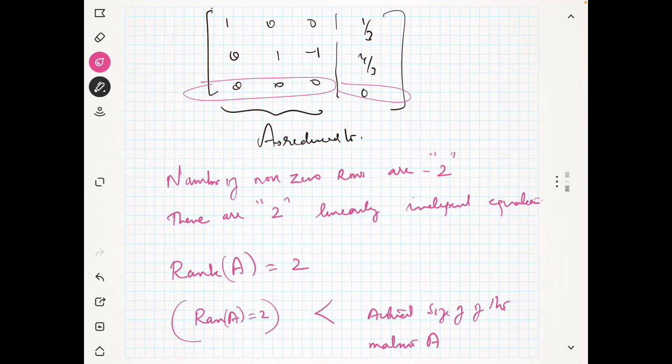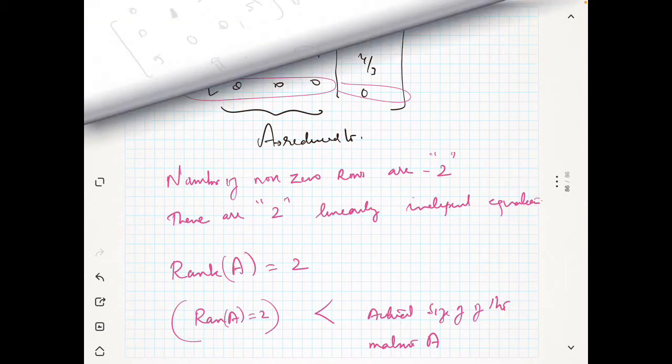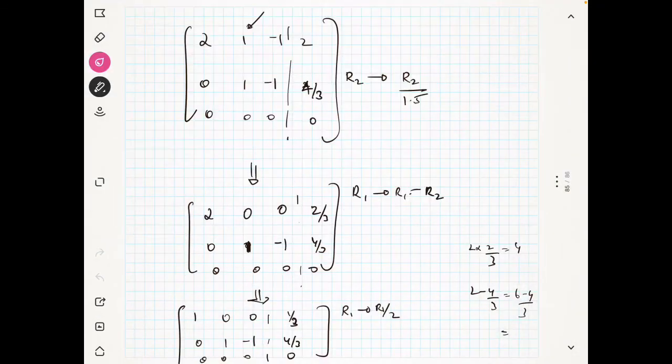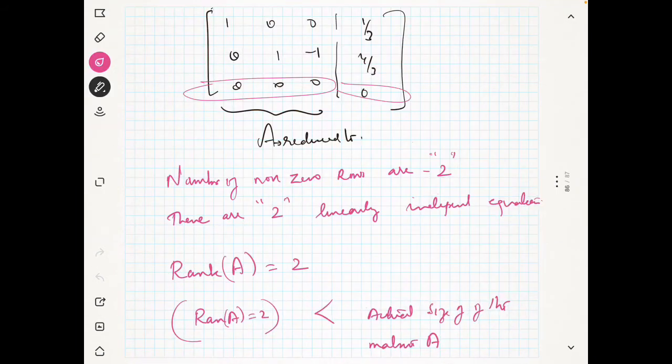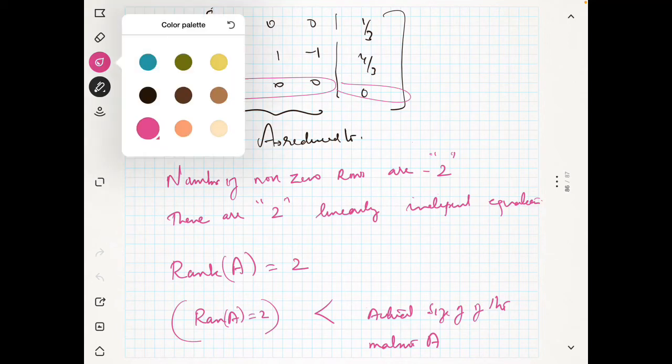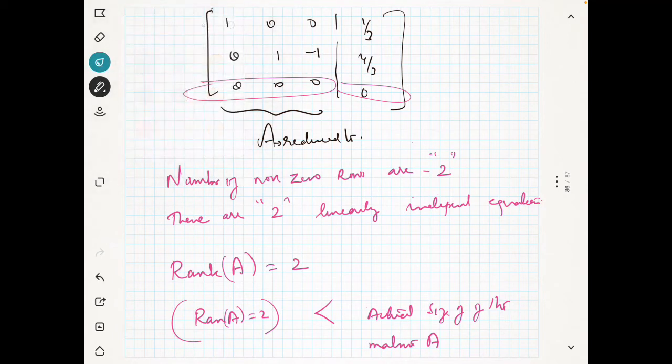But in the previous case, we got the identity matrix, which is non-zero. So if we are getting a non-zero form, we can easily say that all equations are independent. If it is full rank, we can say it is linearly independent, but here it is linearly dependent. It is not full rank.